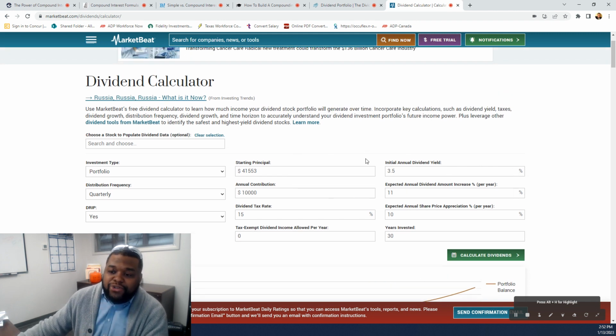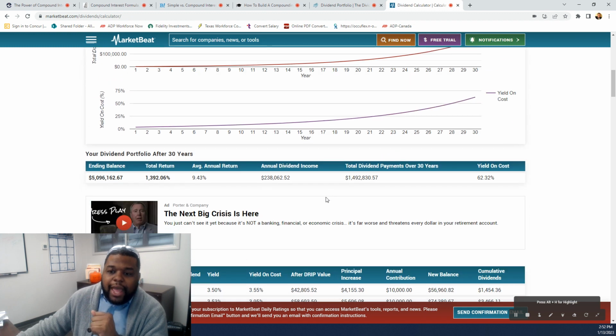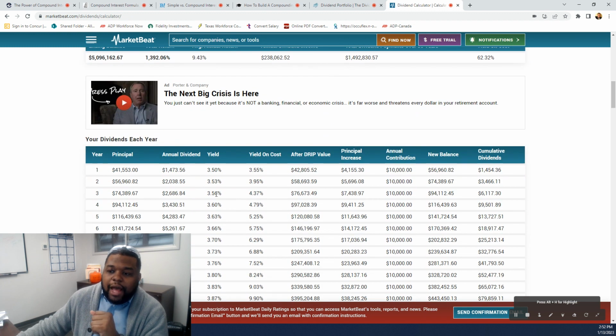So I put in all my metrics for my dividend portfolio of 41,500. My dividend portfolio has a yield of 3.5%. It produces annual dividend increases of 11%, and then a stock price appreciation of about 10%. And also, I plan on investing at least $10,000 per year into my dividend portfolio.